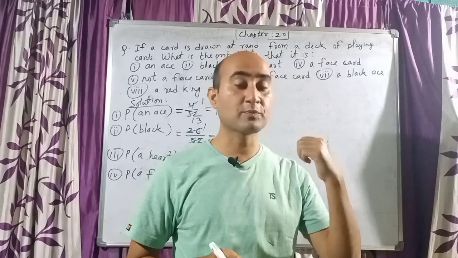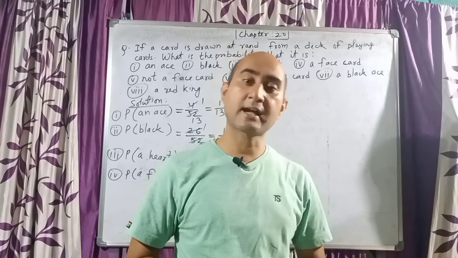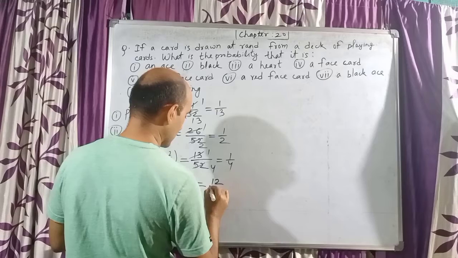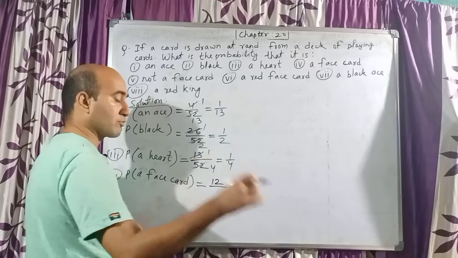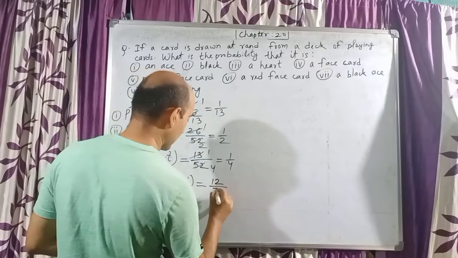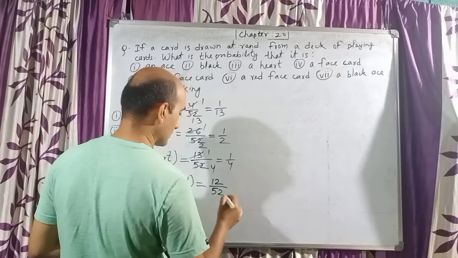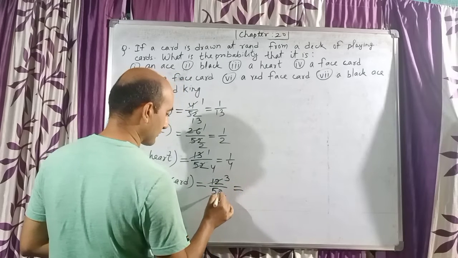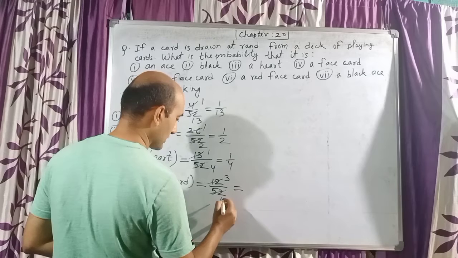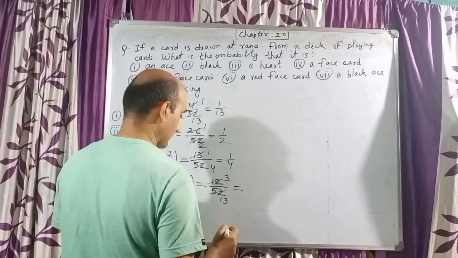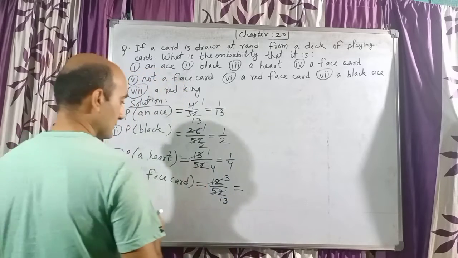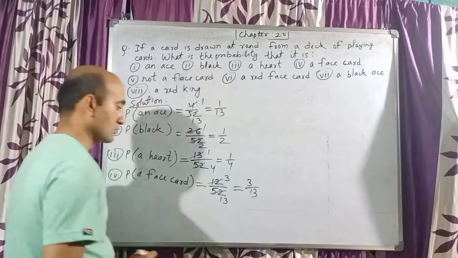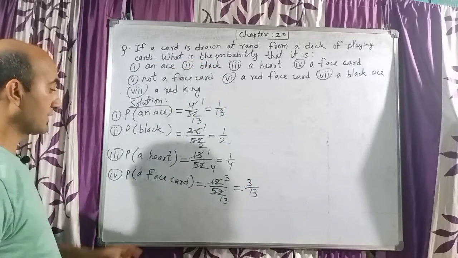There are 12 face cards, 3 from each variety. So 12 out of 52. You can cancel with 4. 4 3s are 12, 4 1s are 4. So it is 3 by 13. 3 by 13 is our answer.